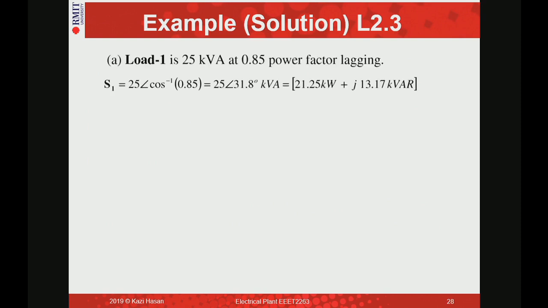So for load 1, the information given is that it is 25 kVA, 0.85 power factor lagging. So S is given and cos theta is given. We have done the calculation that it is 25 at 31.8 degrees.